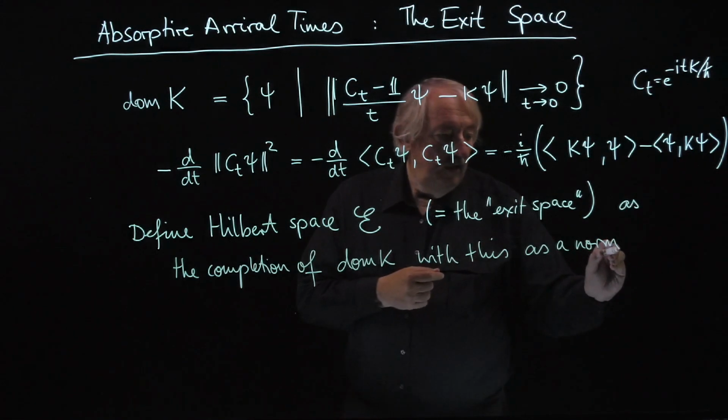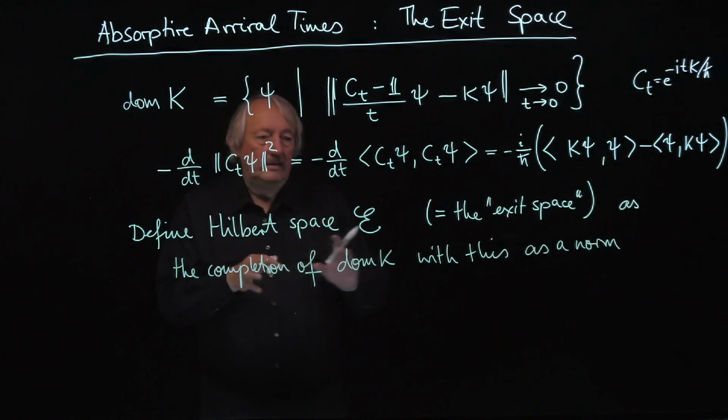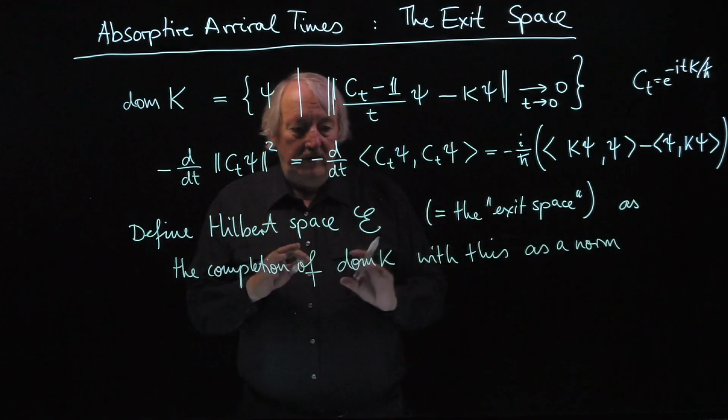So we turn the normalization loss of a vector in that domain into the norm of the vector.